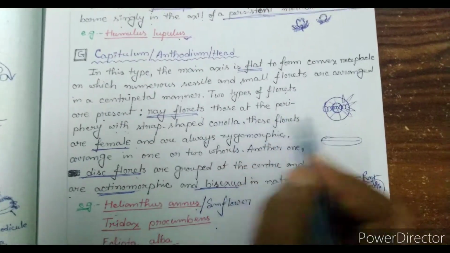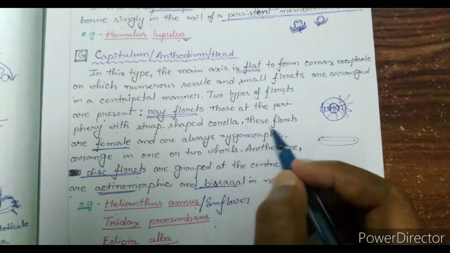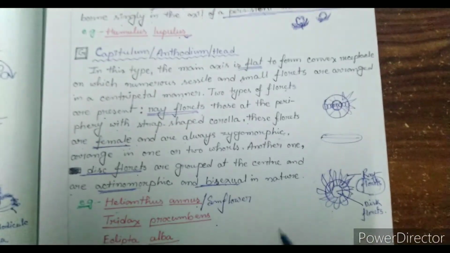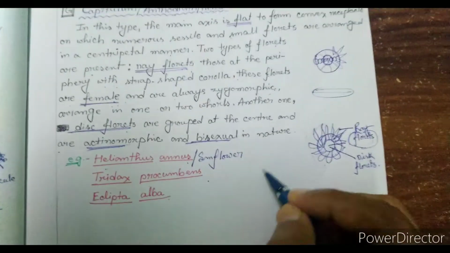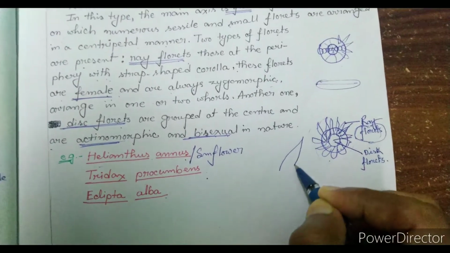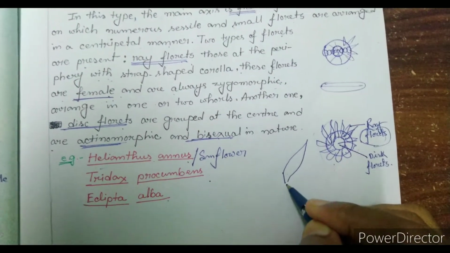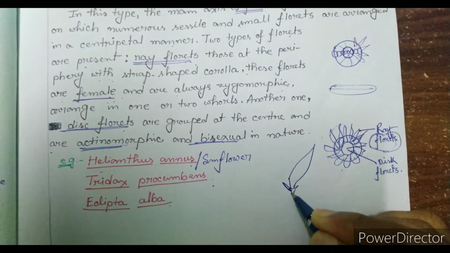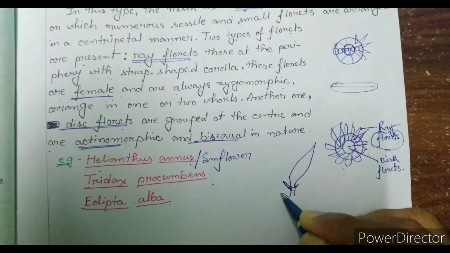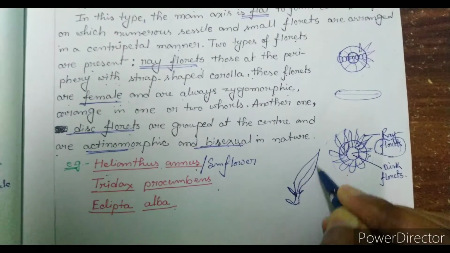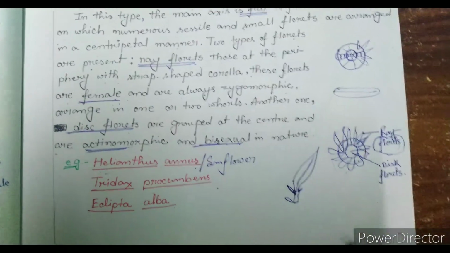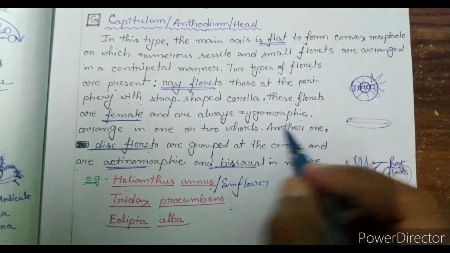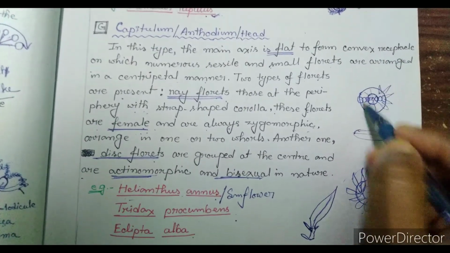Ray florets are at the periphery with a strap shaped corolla. These florets are female and always zygomorphic. This is how they look, with the strap shaped corolla always present at the periphery of the receptacle.